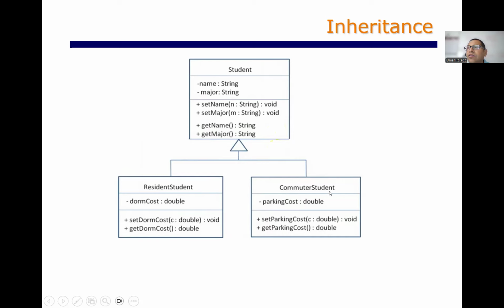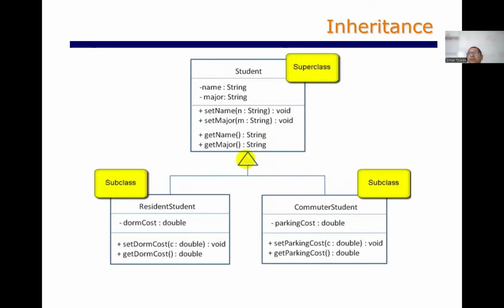Another subclass, commuter student with a specific attribute and a specific method. By doing so, we're optimizing our code now, right? Okay, so let's code now in Python the superclass and the subclasses.